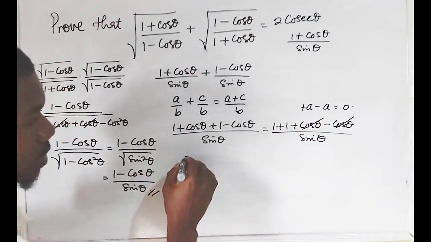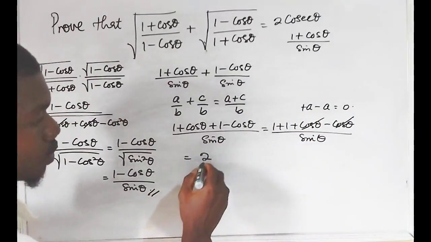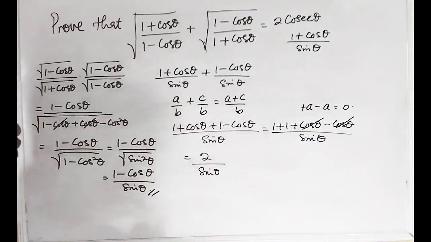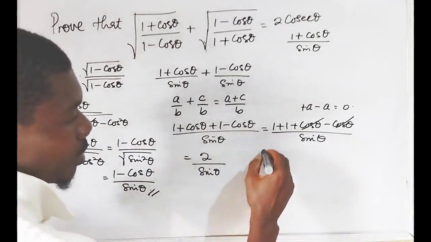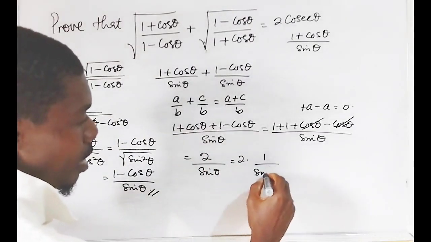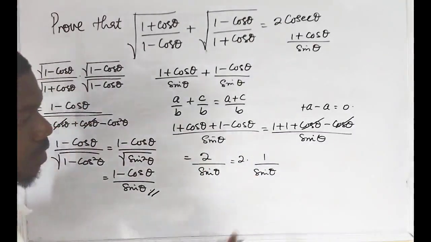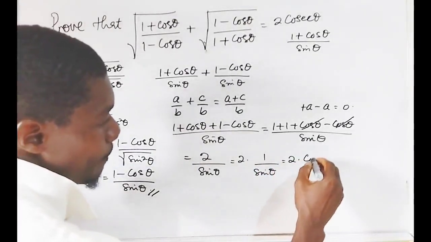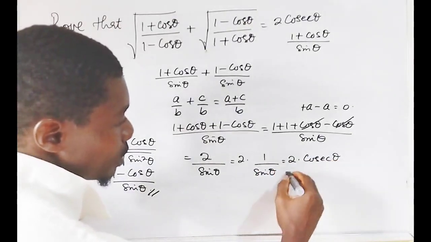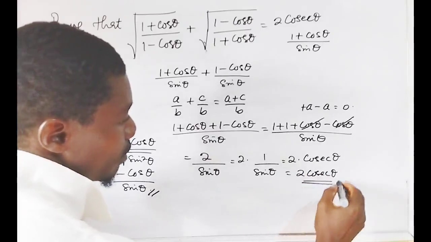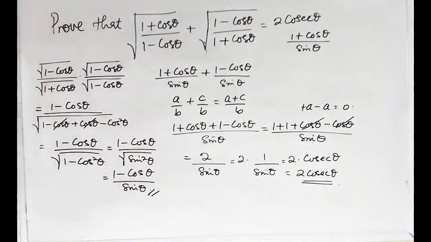So we are left with 1 plus 1, which is 2, over sine theta. Let us recall that this is the same as 2 times 1 over sine theta, and 1 over sine theta is cosec theta, so it is 2 cosec theta. Proved. Alright, that's the final solution.